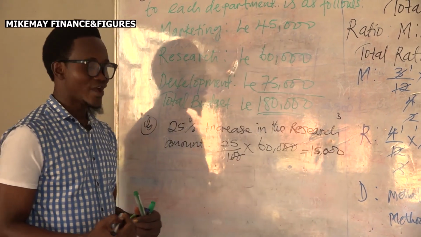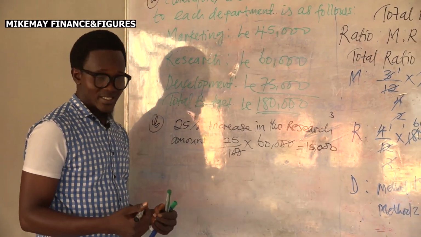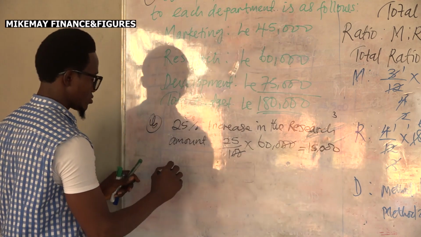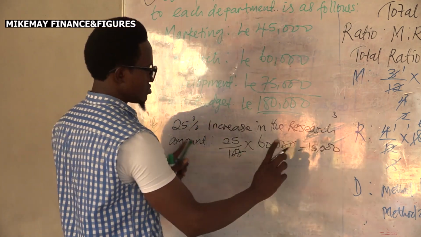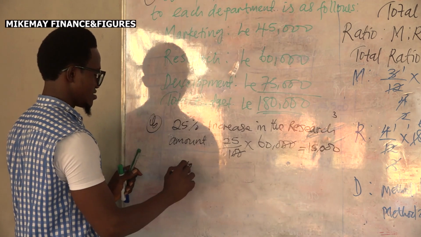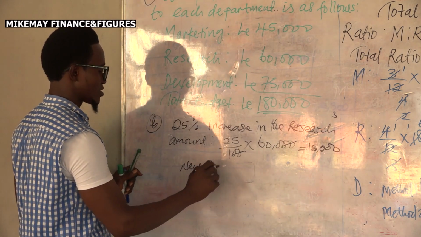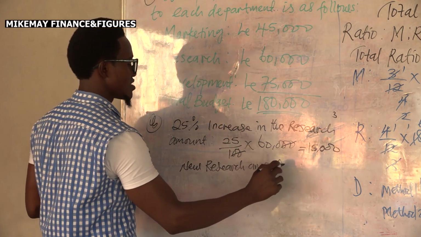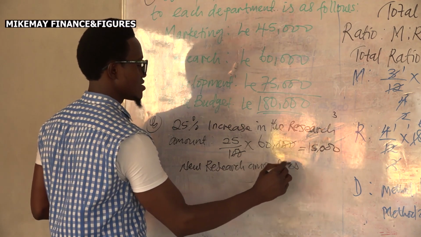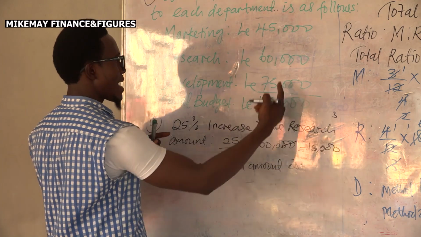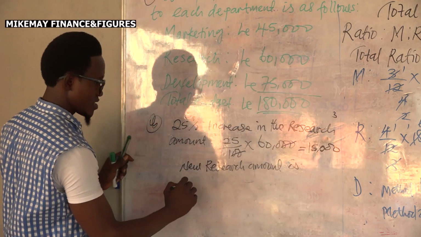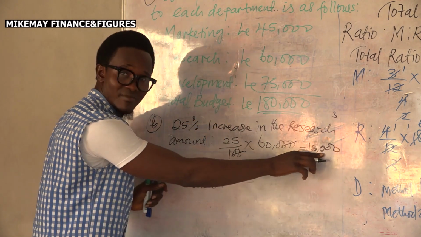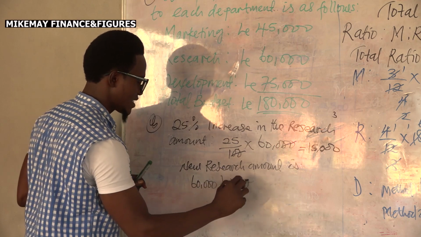So what do you have? You have 15,000 rather. The increase amount is 15,000. Now, the new research amount is the whole amount, which is 60,000 plus the increase amount, which is 15,000.